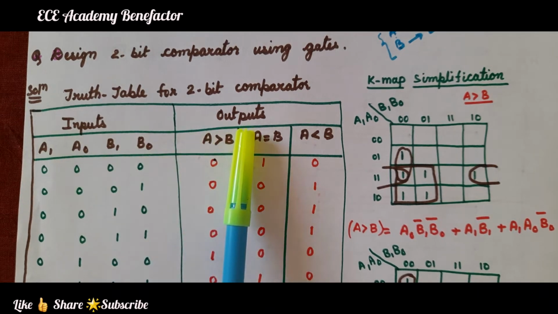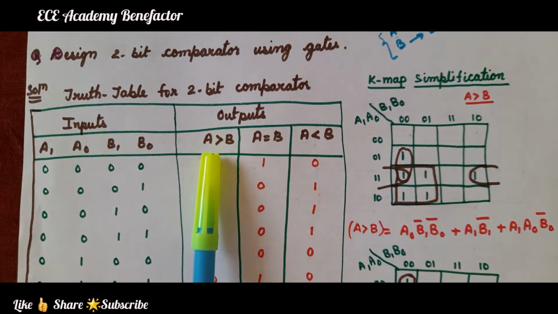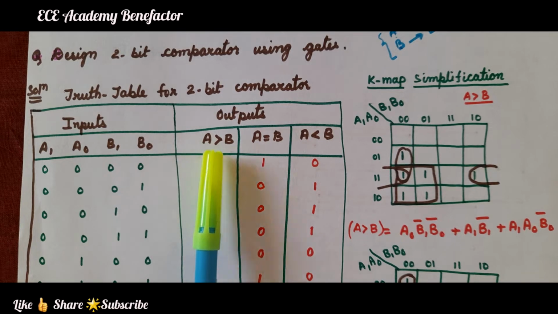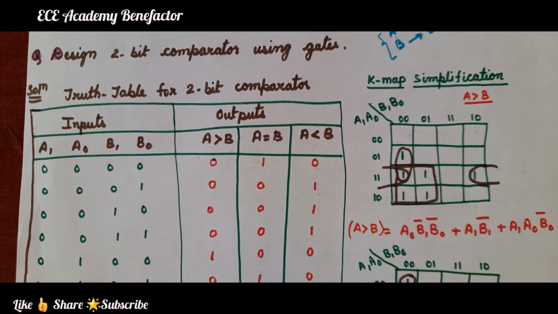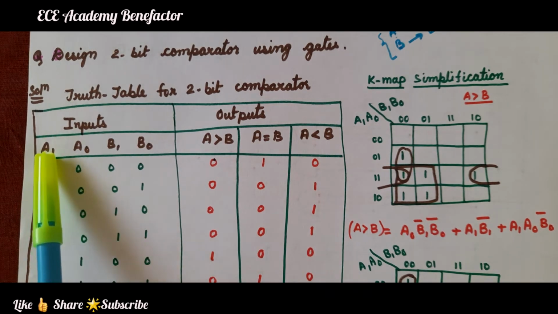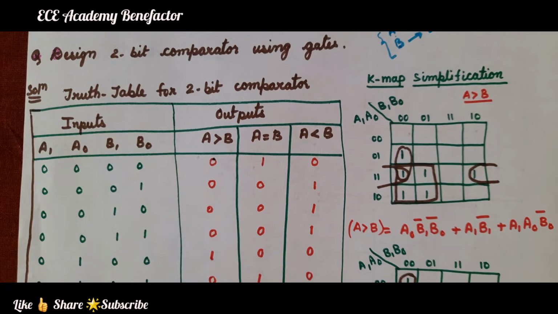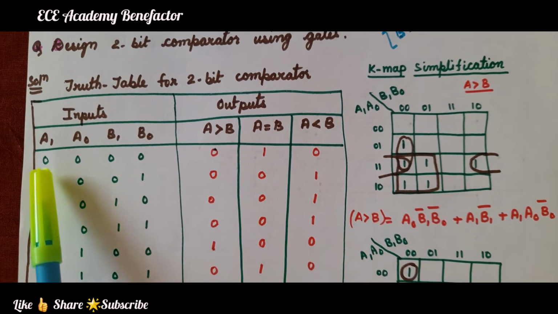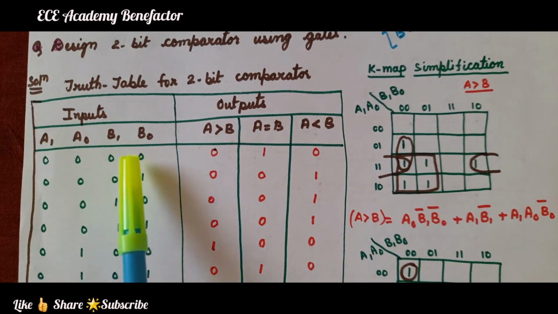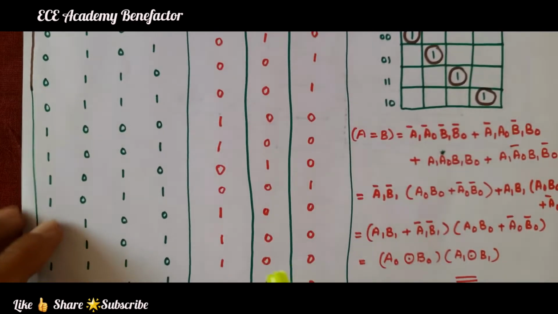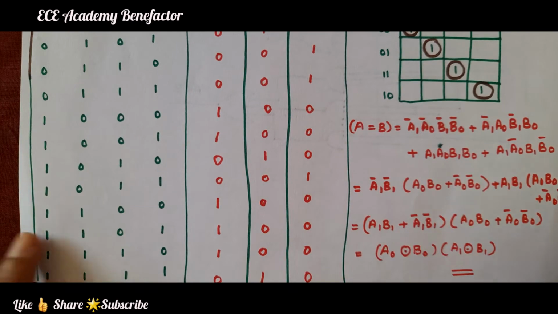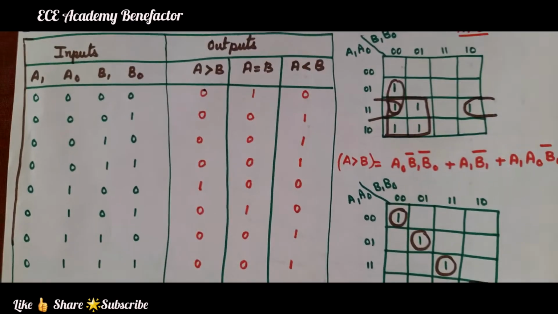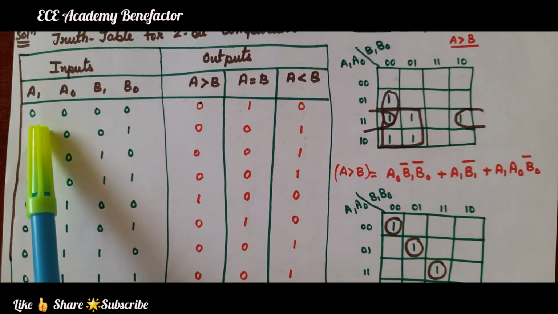The outputs are A greater than B, A equal to B, and A less than B. For 4 inputs there are 16 possible combinations, starting from 0, 0, 0, 0 till 1, 1, 1, 1. You know how to write the binary numbers from 0 to 15.